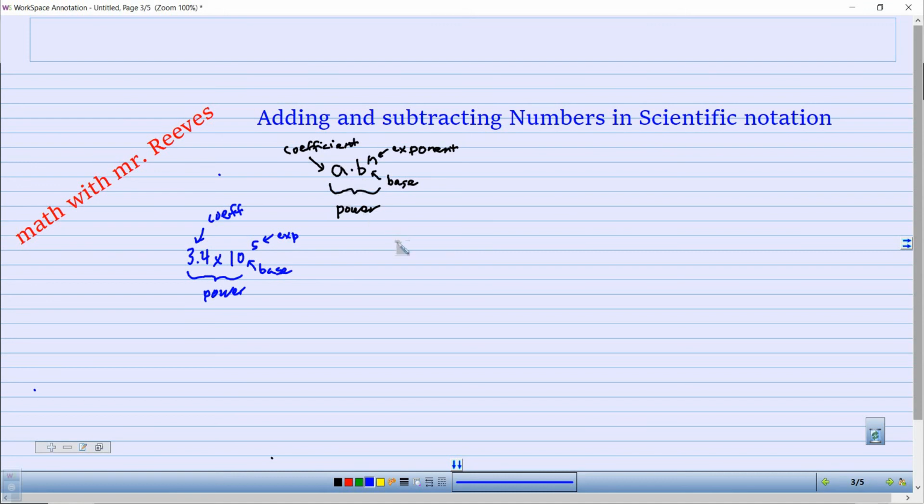All right. So if you want to add or subtract numbers in scientific notation, that power of 10 must be the same. So here we go. The first thing we're going to write down is this.